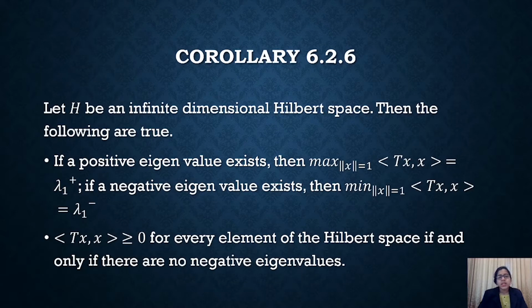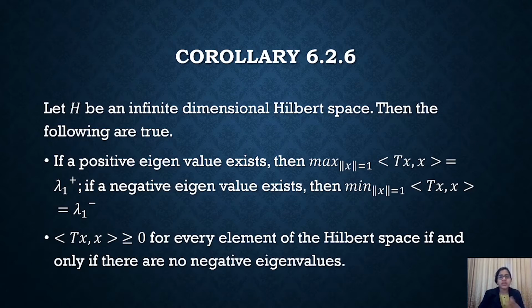The second thing about this corollary is that the inner product T of x, x is greater than or equal to 0 if and only if there exist no negative eigenvalues. That is, the inner product is always non-negative if and only if there exist no negative eigenvalues.